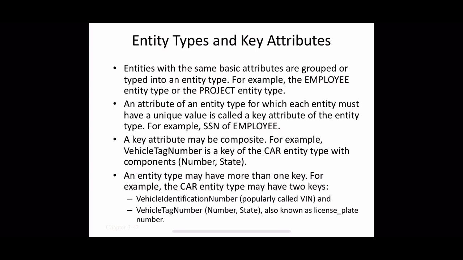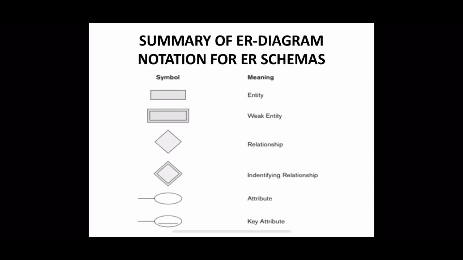So before moving to the design, let us just go through the different notations used in ER modeling. So the different symbols used for representing the ER diagram. First, entities are represented using rectangles and weak entities are represented using double line rectangles, relationships using a diamond shape and identifying relationships using a double line diamond, attributes using an oval shape with a connection to the corresponding entity, then a key attribute with an underline under the name of the corresponding attribute.